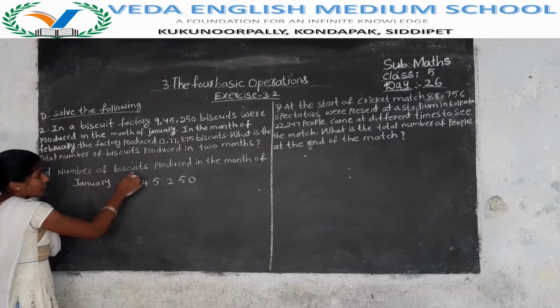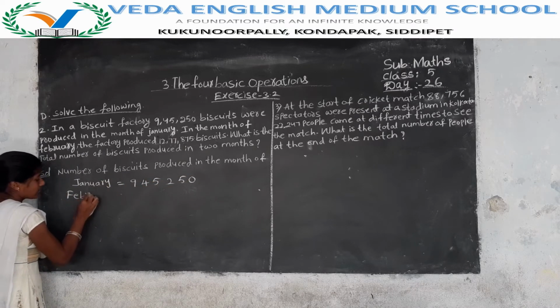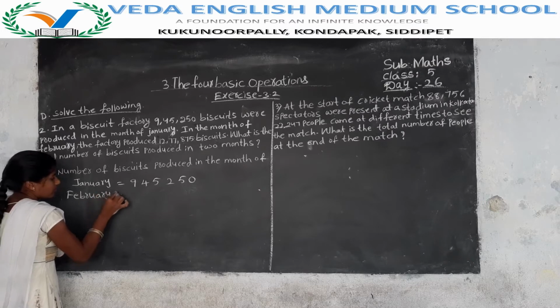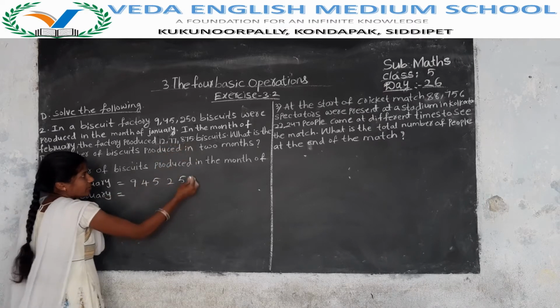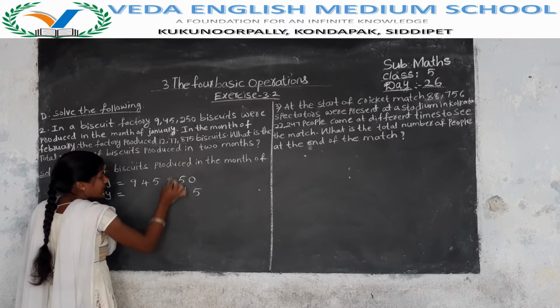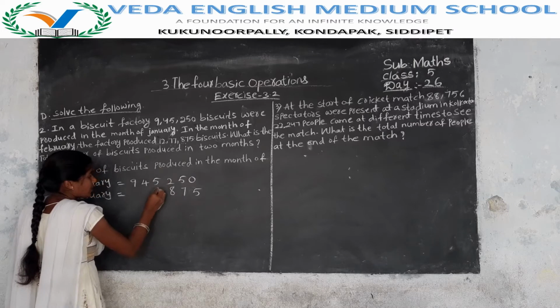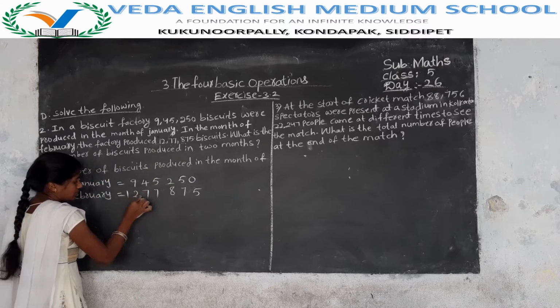Next, number of biscuits produced in the month of February is equal to 12,77,875. Then write from the right side to the left side: 5, 7, 8, 7, 7, 2, 1.